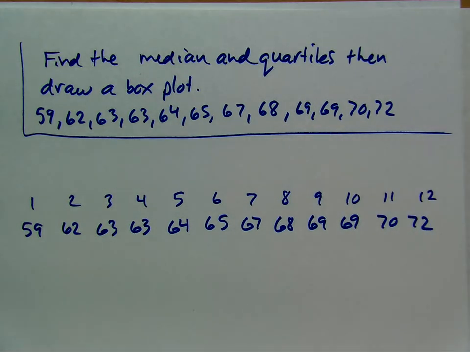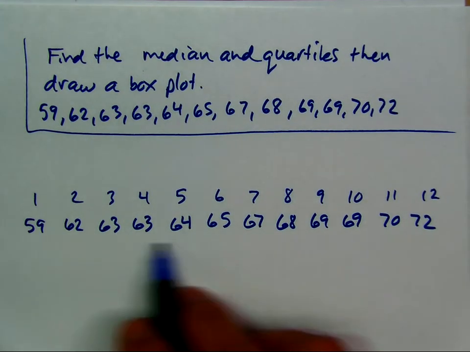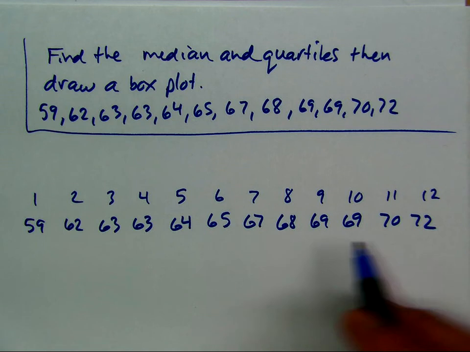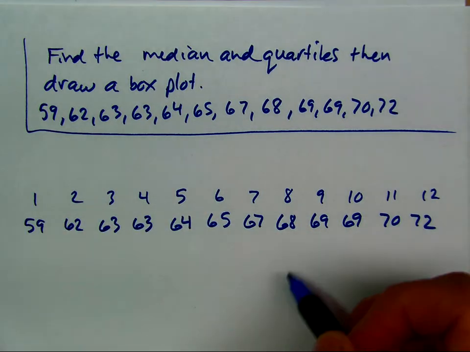And when you have many pieces of data, to find the quartiles and median, it can be a little confusing. If you wanted to write out 100 of these and then start crossing off each side, that could take a while.